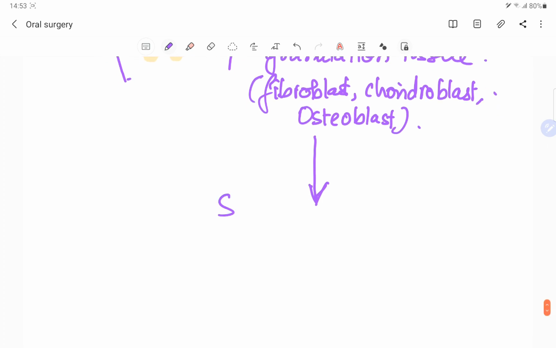So what do we call it? The soft callus, which is formed, or fibrocartilage.